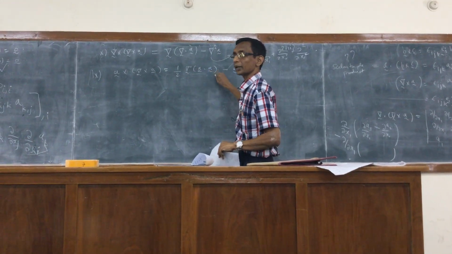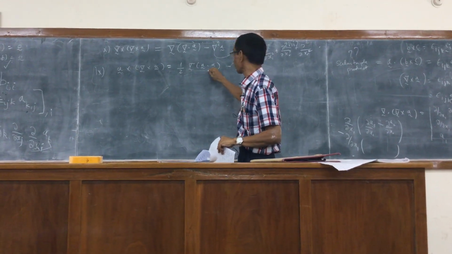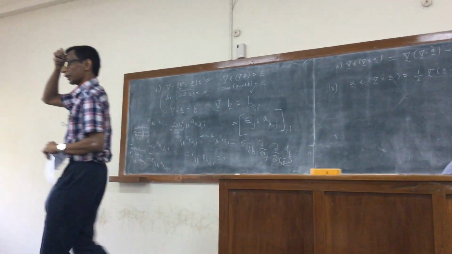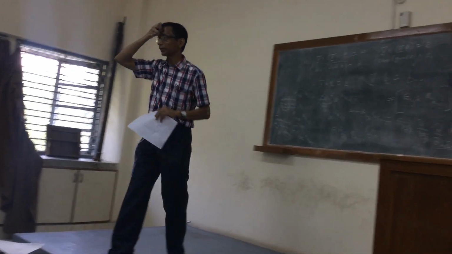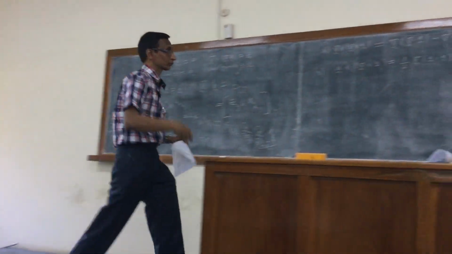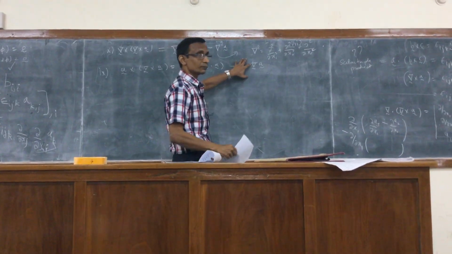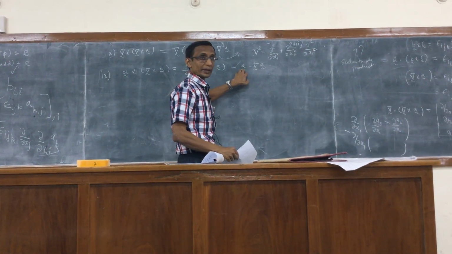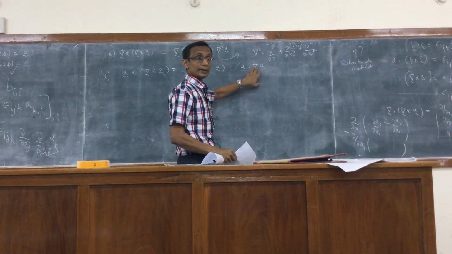It is operating on a scalar. A dot A is a scalar, right? The gradient of a scalar is again a vector. So it has to be a vector throughout. Now this one is the dot product of a vector with a tensor.